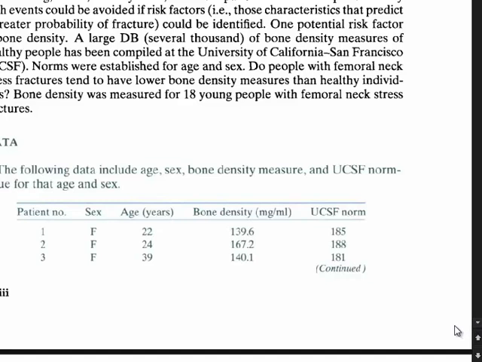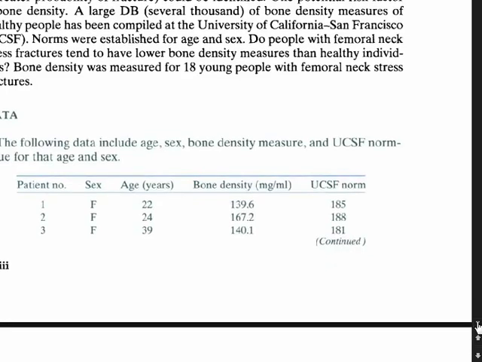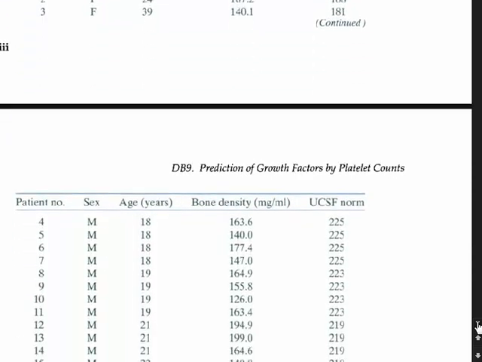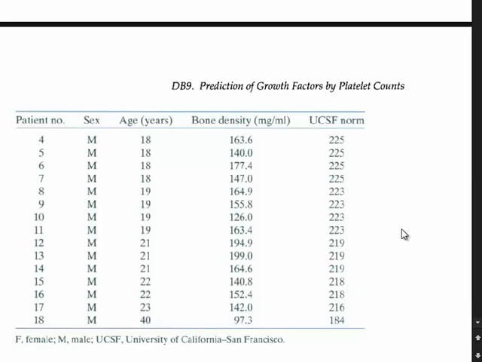And notice that I'm using the word people. People means male and female. And as you see here, in this small extract of data, that study is small, you have 3 females and the remaining 15 are male patients.